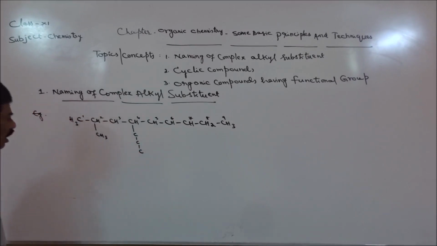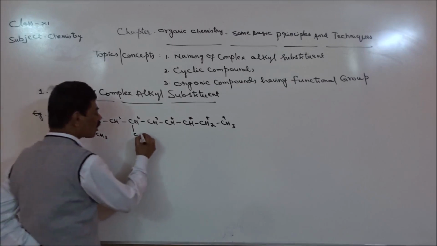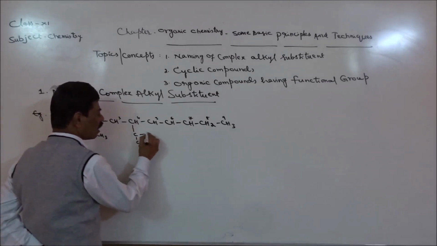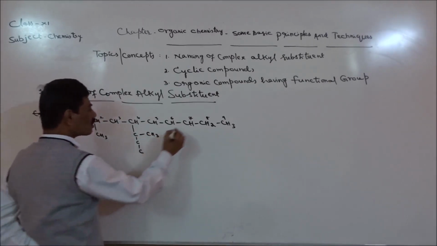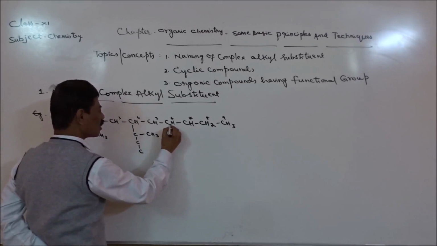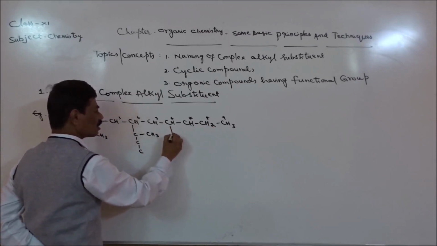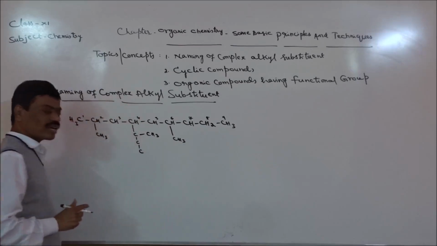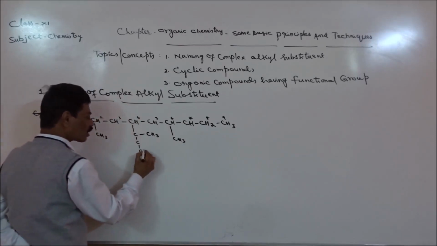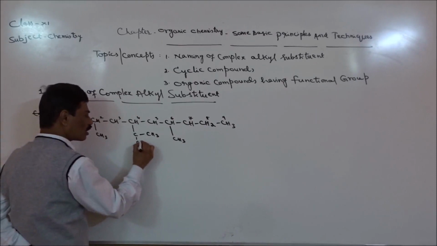Right? And to the first carbon atom I will add methyl. Now, on the 7th carbon atom or 6th carbon atom, we can take any carbon atom, and here I am adding a methyl group. Now, to satisfy the valency of each carbon atom, I will go on adding hydrogen atoms.